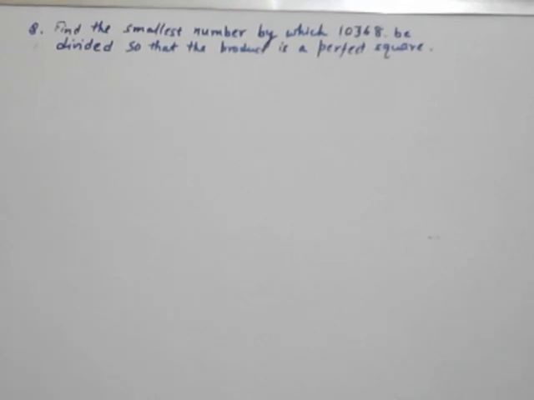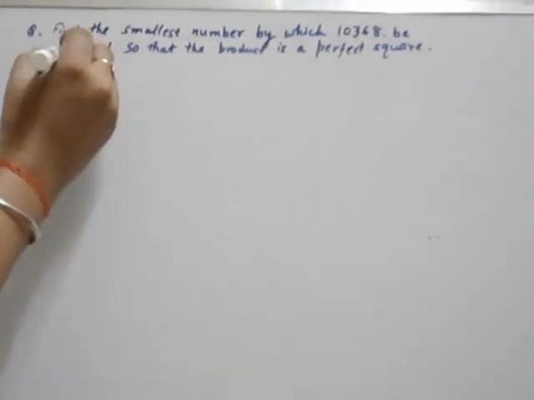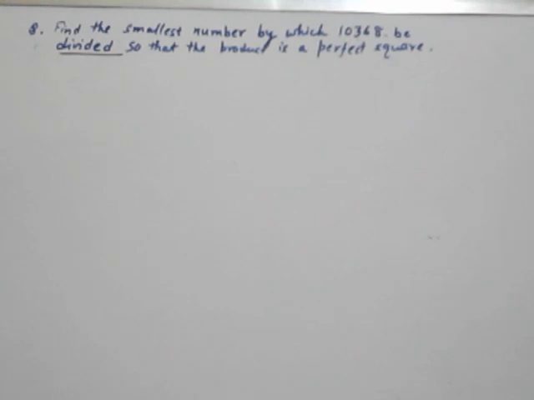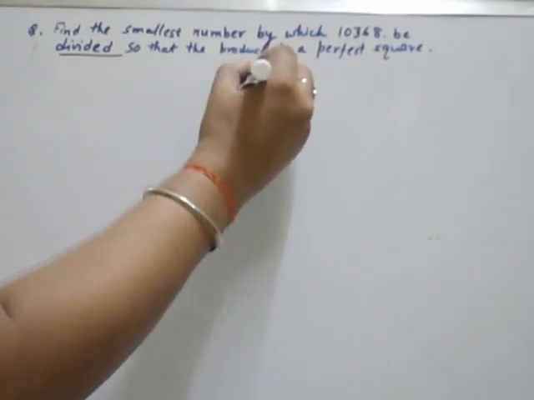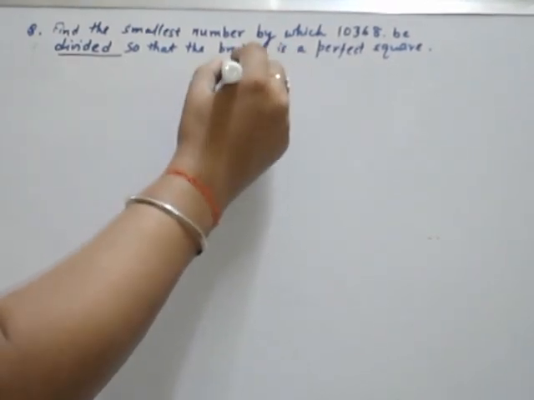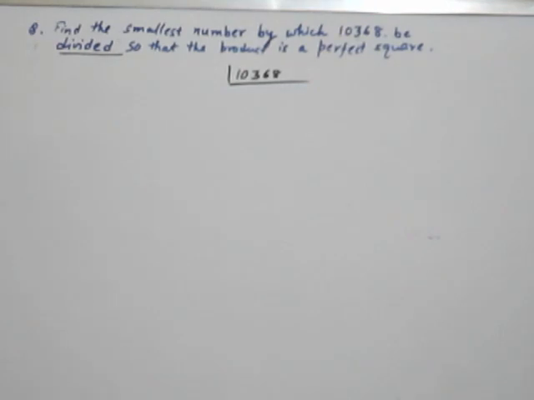In last example multiplied, now divided, so that the product is a perfect square. So first step, you find prime factorization of the given number. So 10368, find the prime factorization of this.